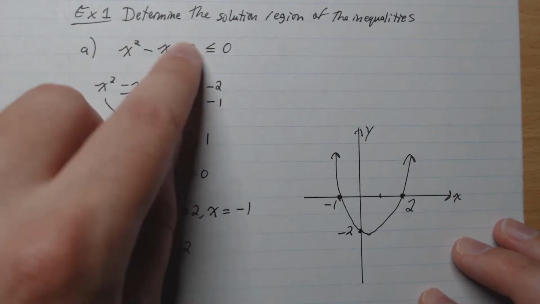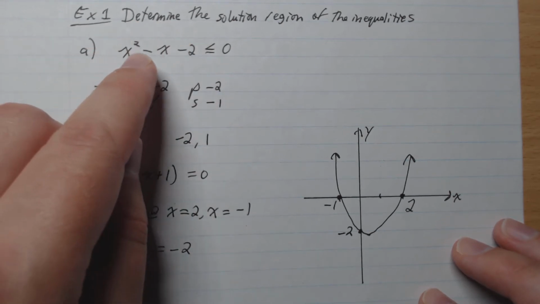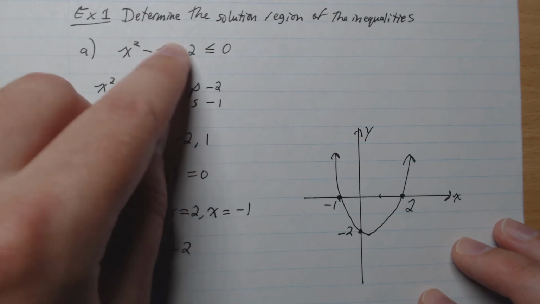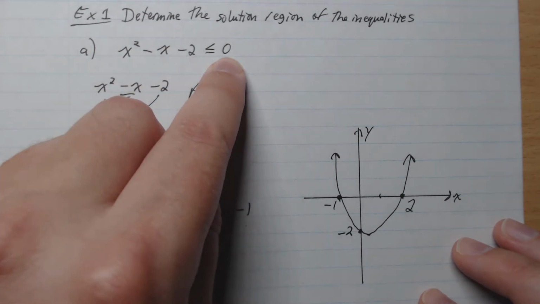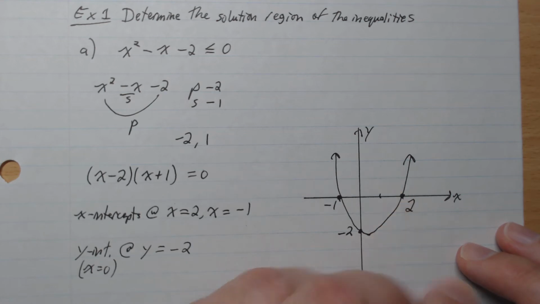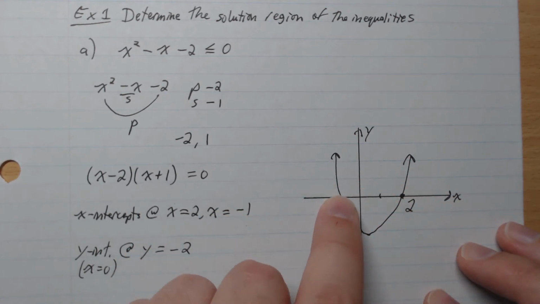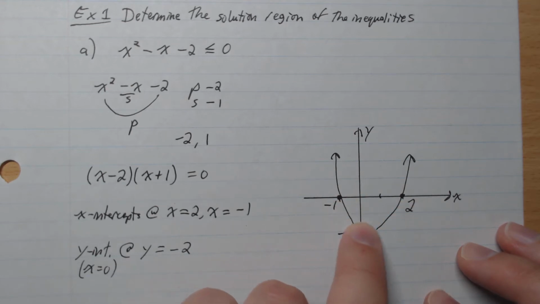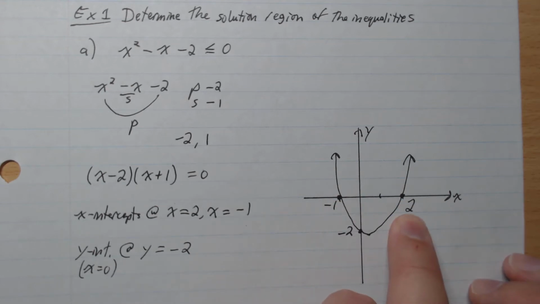This is a quadratic function, y equals x squared minus x minus 2. When is the function less or equal to 0? On the graph we can see it. It's this area here, below the x-axis. And so it is negative or equal to 0 between -1 and 2.